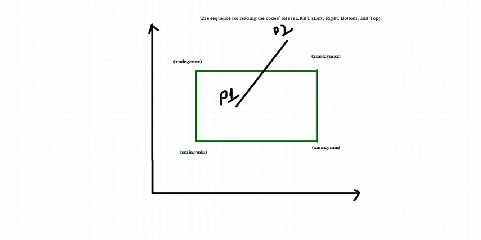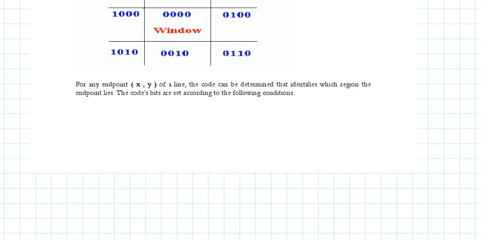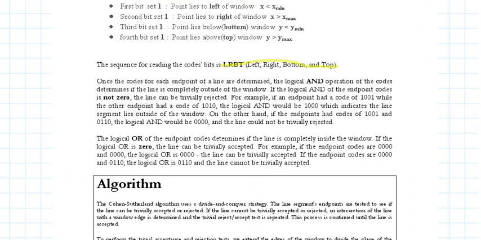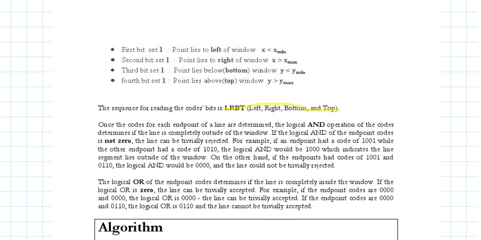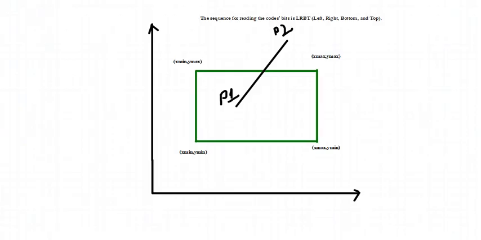The algorithm was like first bit, that means L bit, will be set to 1 if the point lies to the left of the window, that means x less than x min. Say the coordinate for point P1 is x1, y1.